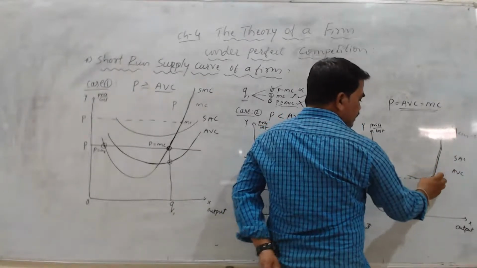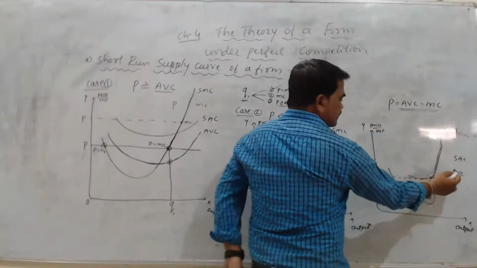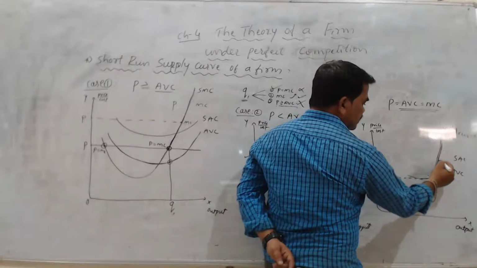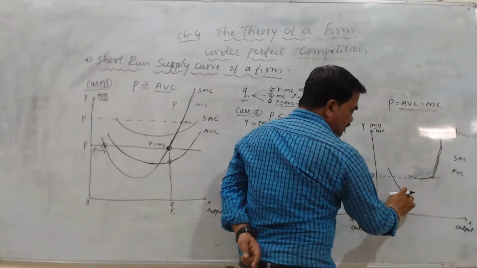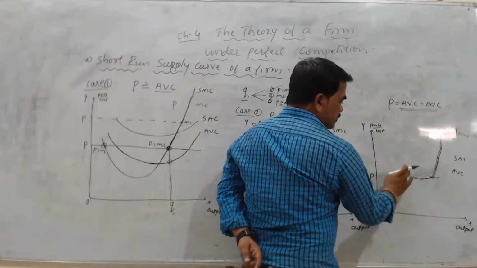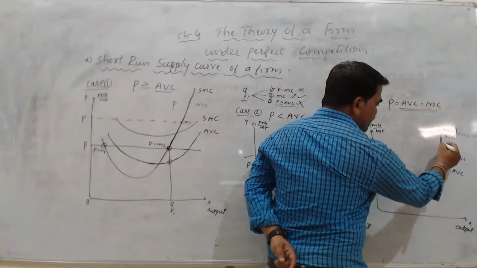Okay. Here, this is average cost, average variable cost, and this is the marginal cost. The marginal cost curve I will also remove. If you see, the left out part is part of marginal cost.